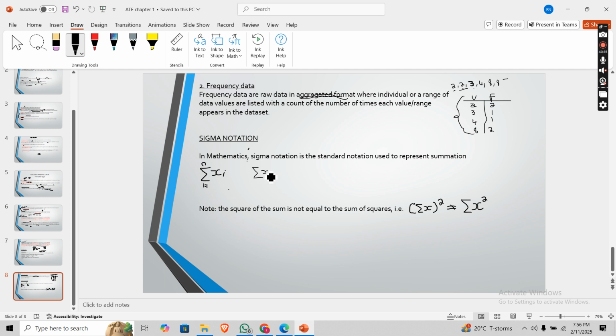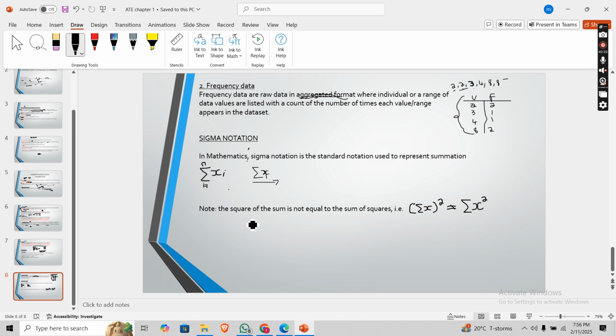This means the sum of all x's. That's the interpretation of it.